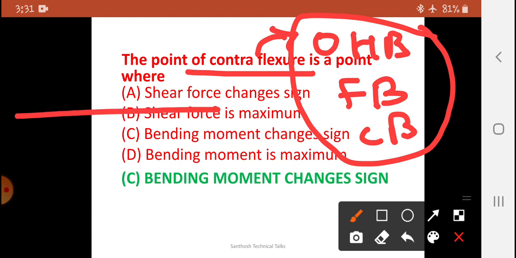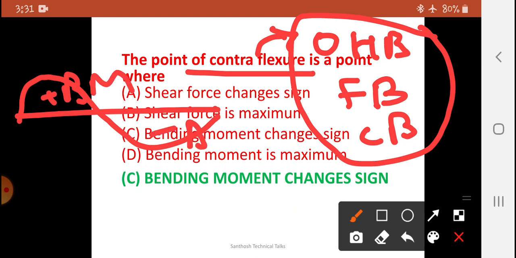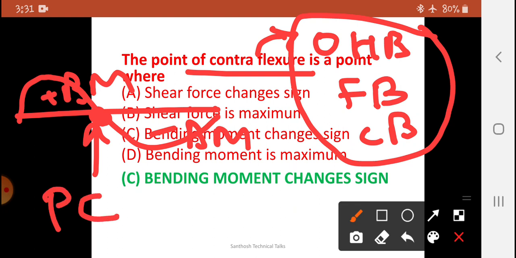In the bending moment diagram, if this is the positive bending moment and this is the negative bending moment, the point where the bending moment changes sign is called the point of contraflexure. The point of contraflexure is also called the point of inflexion or point of virtual hinge. A point of virtual hinge, point of inflexion or point of contraflexure, all are the same.